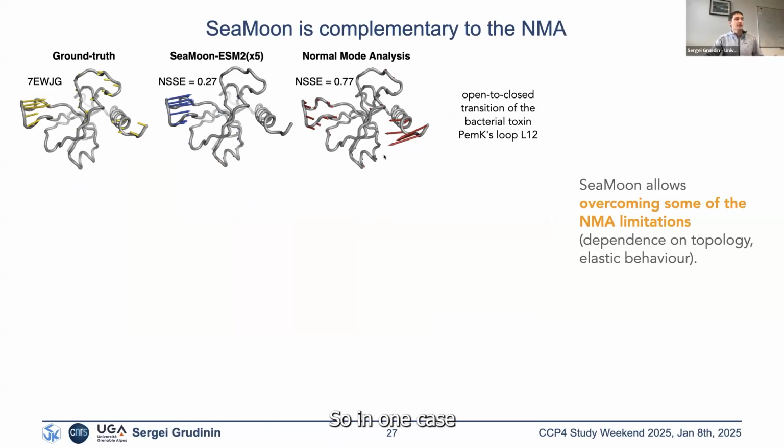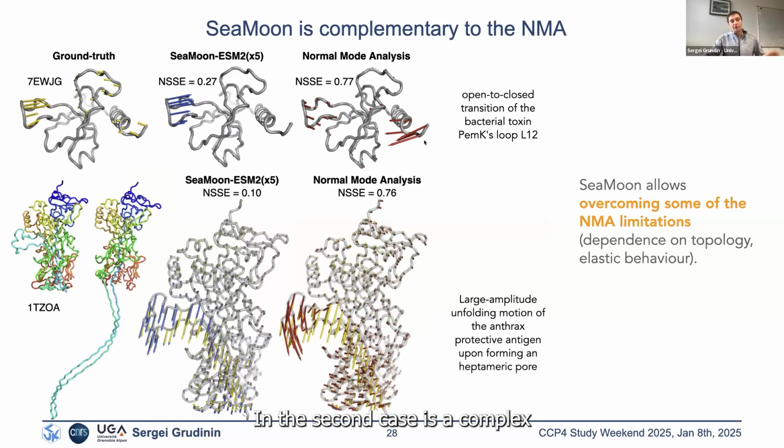In one case, this is an open-closing transition of a bacterial toxin. The second case is a complex unfolding motion, which cannot be assessed by structure-based models like the normal mode analysis.